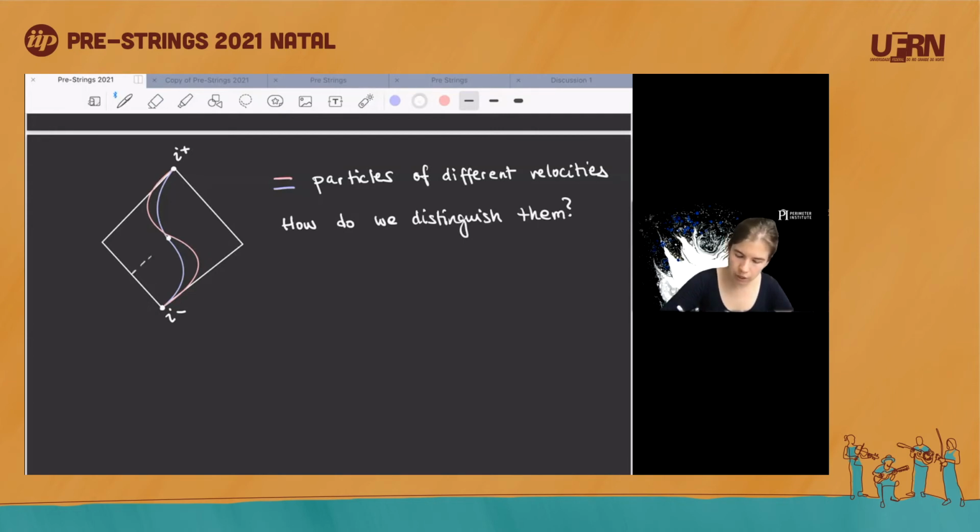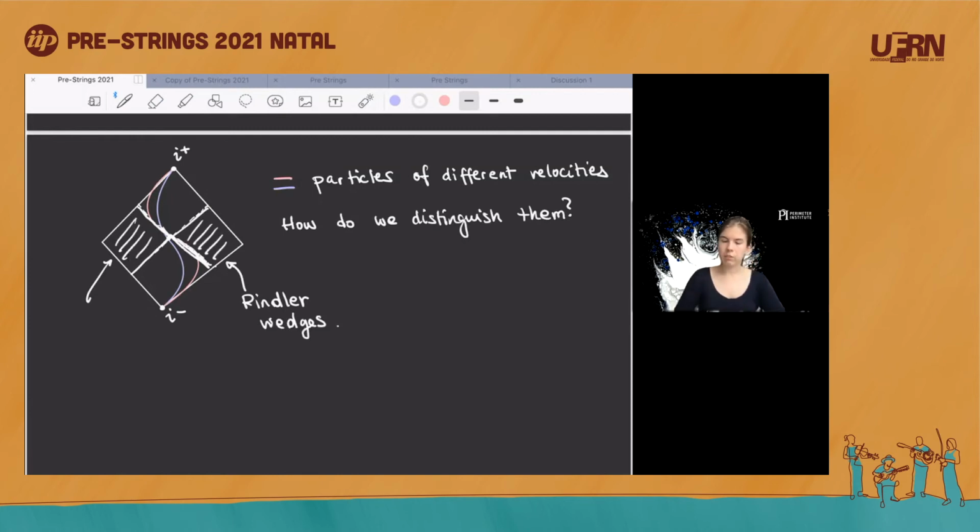One way to see how one can do that is by noticing that one can split Minkowski space into 4 regions. Okay, let me just, this is a bit bad. The 4 regions you're certainly familiar with are Rindler wedges, these 2 causally disconnected regions.